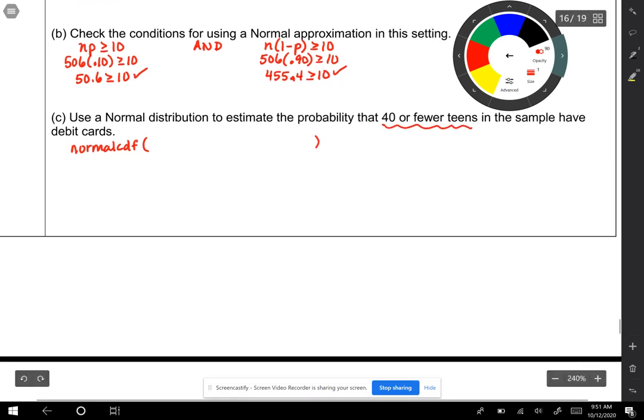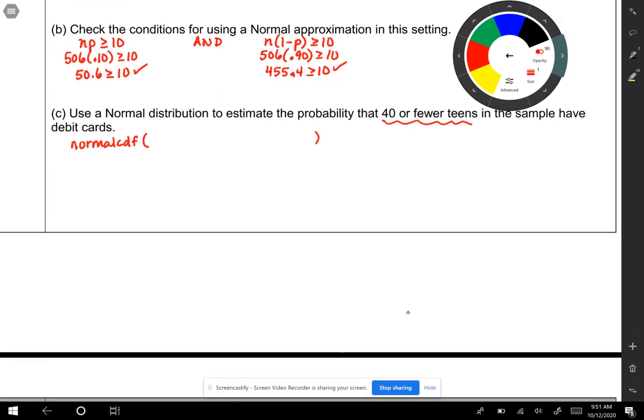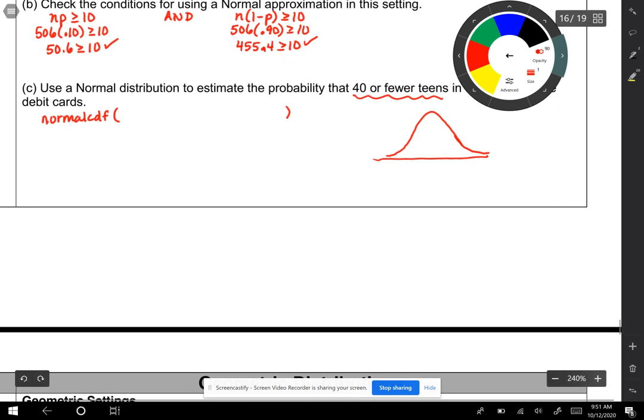So going back and actually sketching something like this, I'll show you. That's not very good looking, but I'm just going to show you what it should look like. So we know the mean is 50.6, so it's right here. We don't know the standard deviation, nor do we care for what I'm showing you.